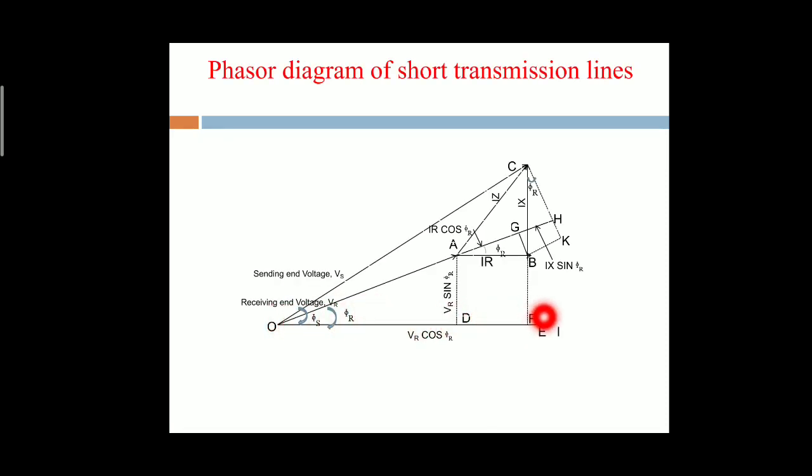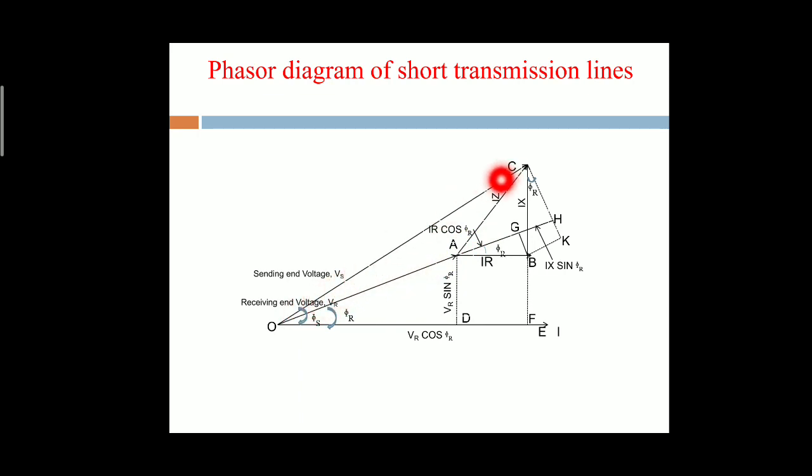In that, OE is the load current and OA is the receiving end voltage. AB is the resistive drop, BC is the reactive drop, and IZ is the impedance drop.